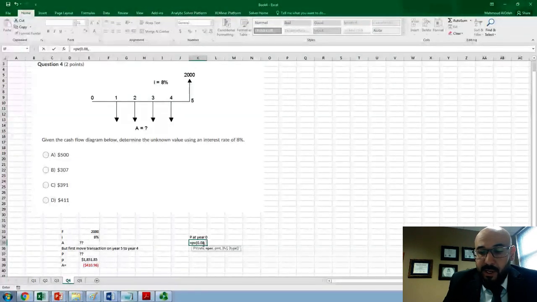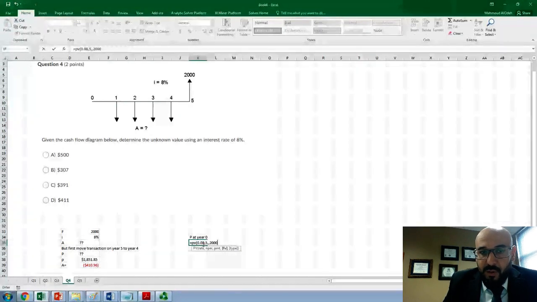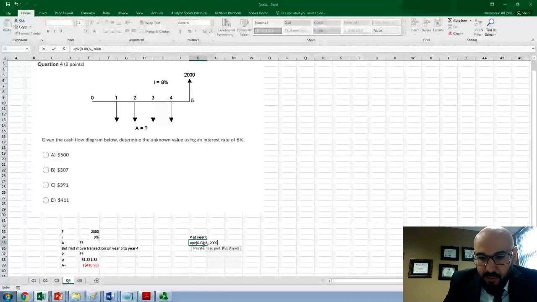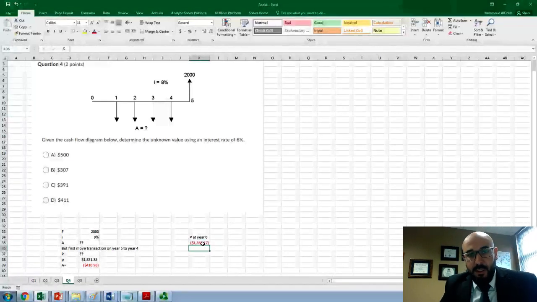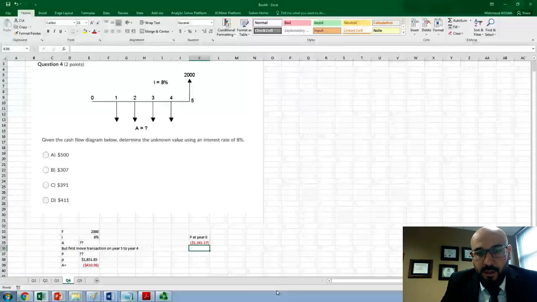Right now we are in year 5, and we need to find the present value at year 0, so that would be 5 years away. And payment, we don't have any payment right now. The future value would be $2,000. So this would be equivalent to 1361.